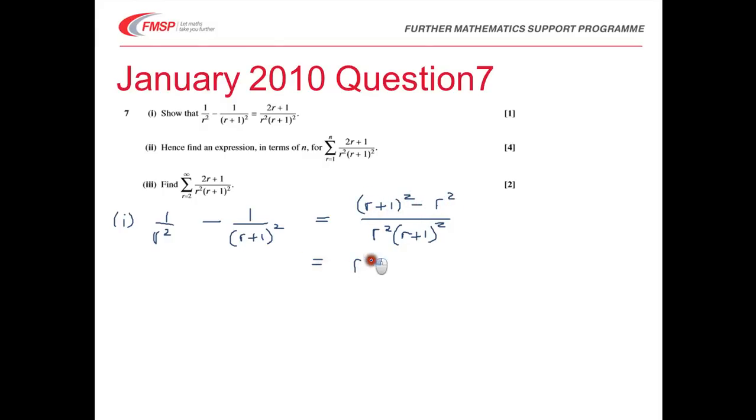And of course if you multiply out these brackets, you'll find that the r squared term cancels out, and we're left with the required result. So we've got 2r plus 1 over r squared upon r plus 1 all squared. And just 1 mark.